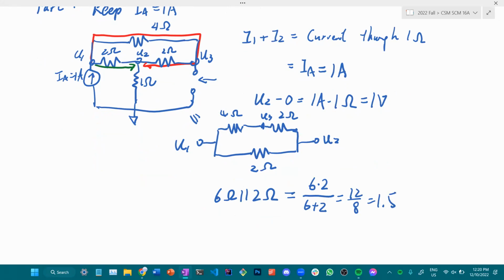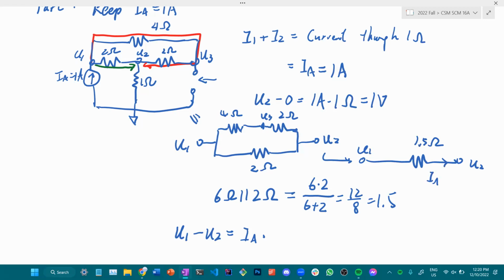Okay, so now I know that U1 minus U2 is equal to the entire current flowing through this series of resistors, because we can simplify this network into one resistor of 1.5 ohms, with the current IA equals 1A flowing through it.